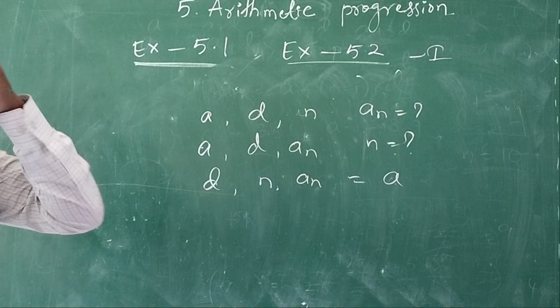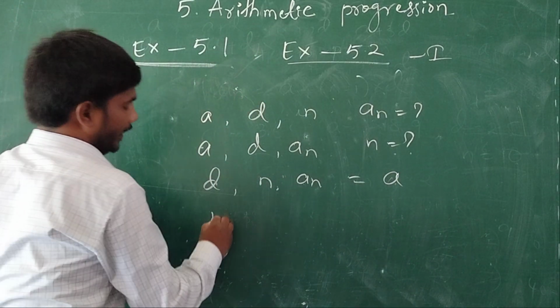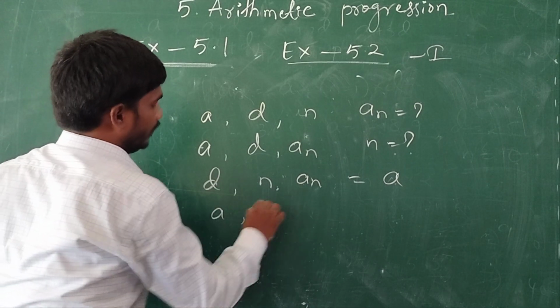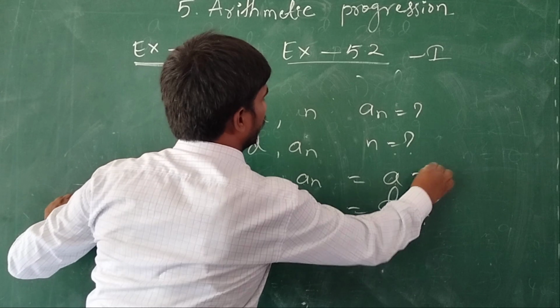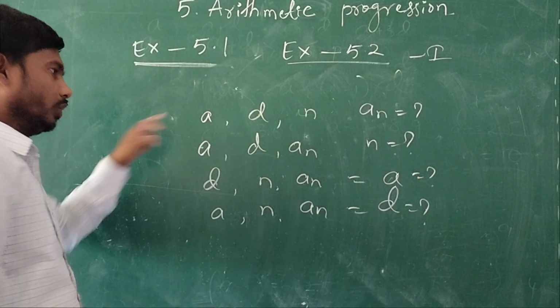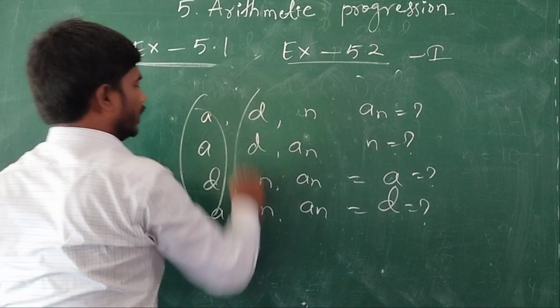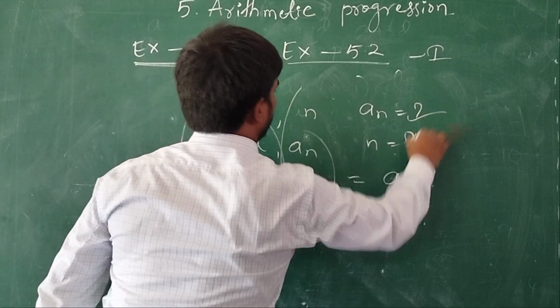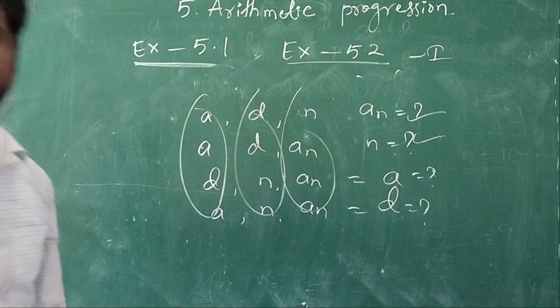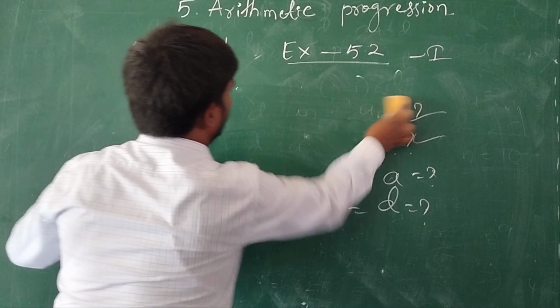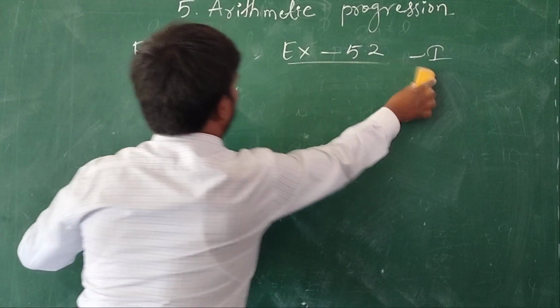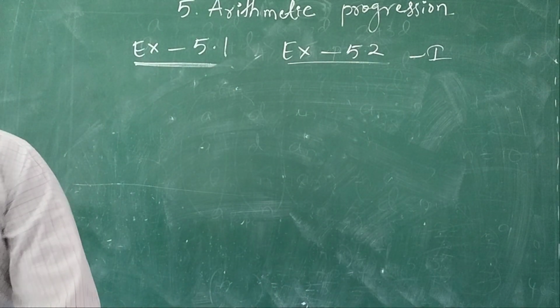So different model problems will be there, and if n, a, an are given, he asks for the d value. So any three values he will give, and he will ask for the fourth. That is the 5.2 first bit model. Next.